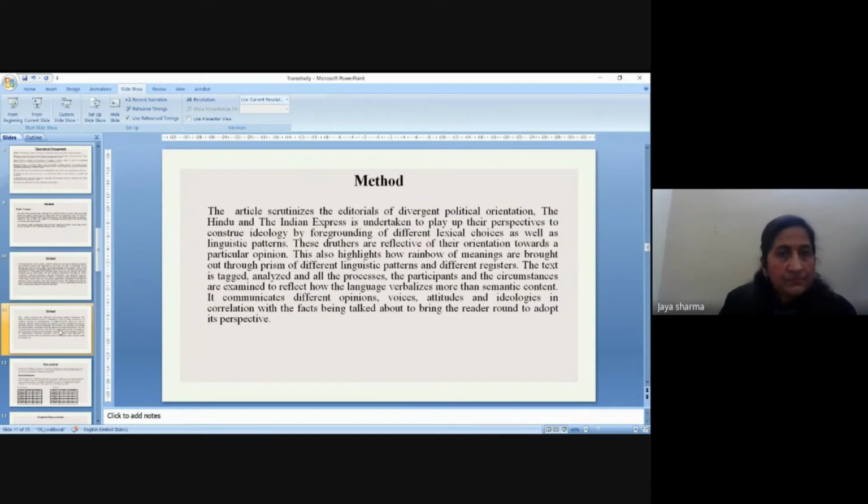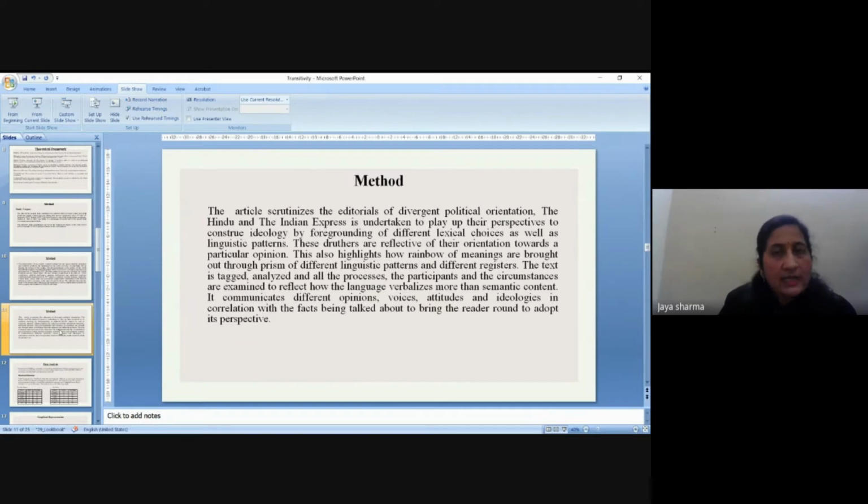And then the article scrutinizes the editorials of divergent political orientation. The Hindu and the Indian Express are undertaking to play up their perspectives to construe ideology by foregrounding different lexical choices as well as linguistic patterns. These choices are reflective of their orientation towards a particular opinion.